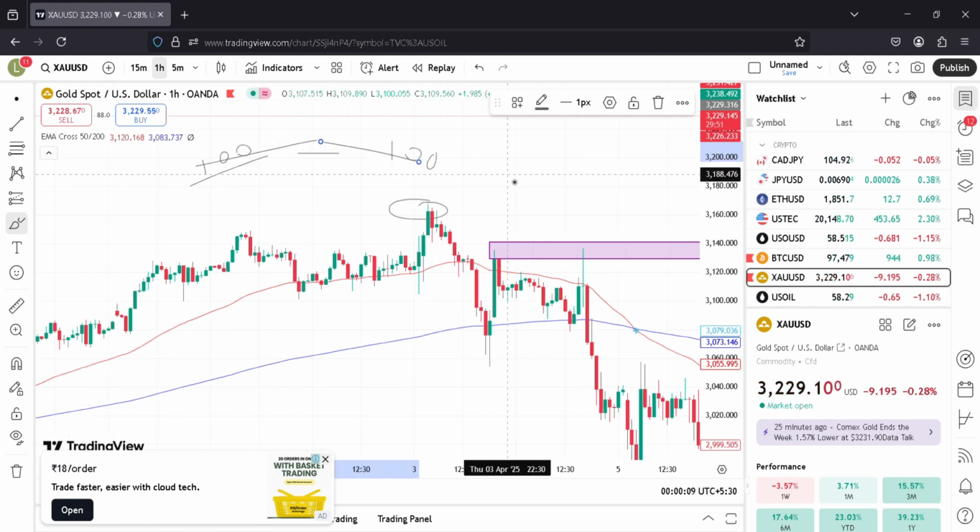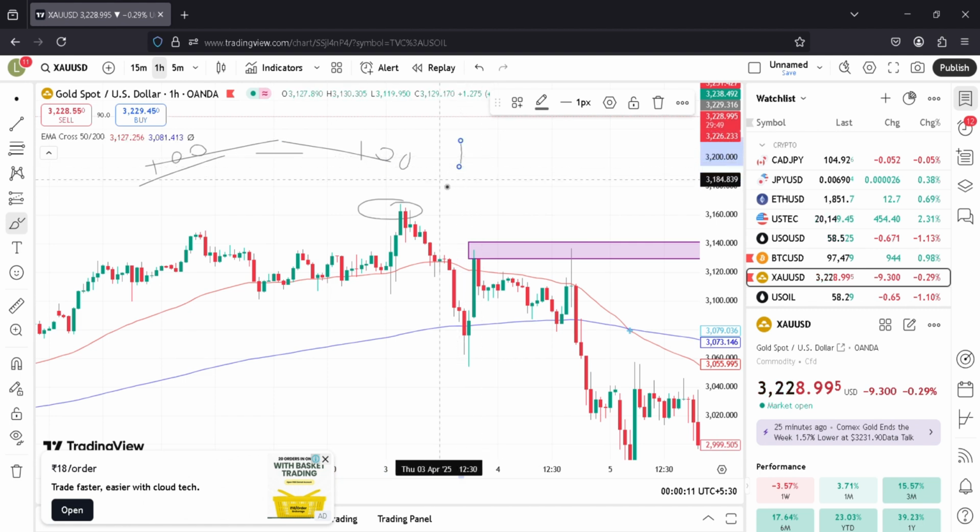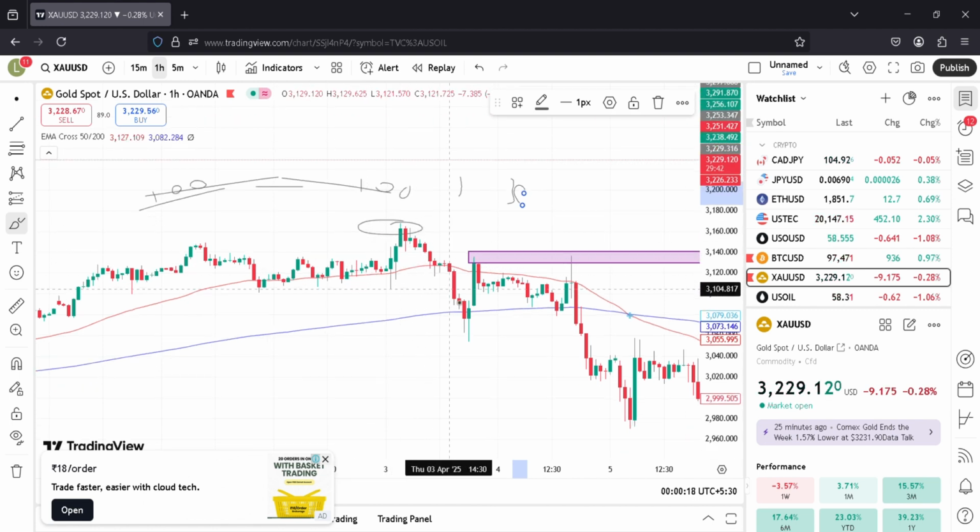They first sell 30% of it, approximately 30 lots. Let's assume 30 lots. They sell 30 lots, the market goes sideways, then they increase their selling.